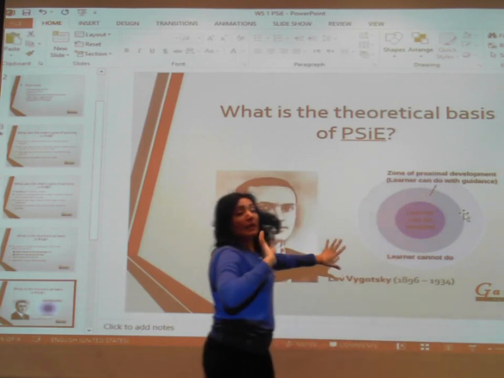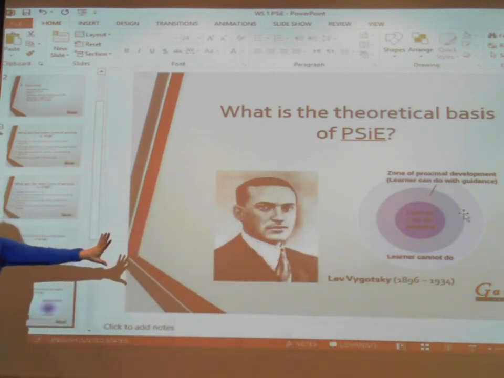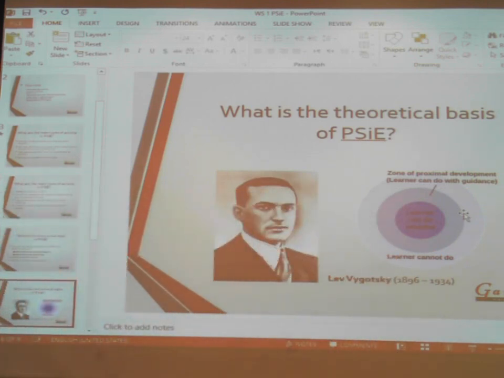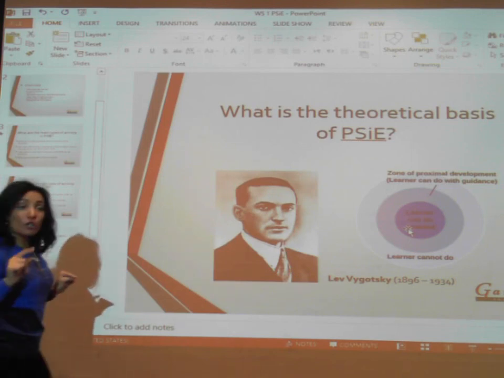Sometimes the learner cannot do anything about it. How would I help my student? I need to place him always in that nucleus area where he can have parts of knowledge or information that he knows, and that's why we encourage the students to do scaffolding.